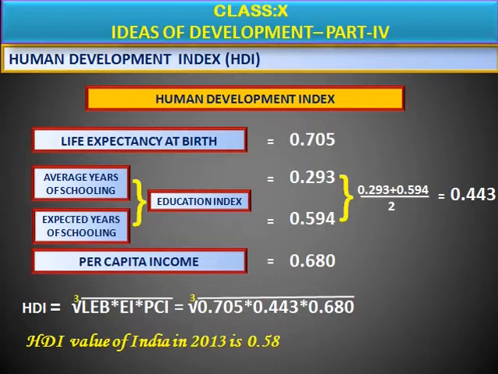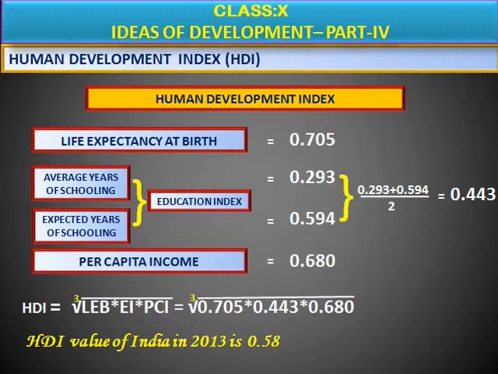After you read, the HDI value of India in 2013 is 0.58. So, what will we do in this example? With these figures which we have, we will try to find out this 0.58, how it is arrived at when these figures are given. Let's see why these figures are important.